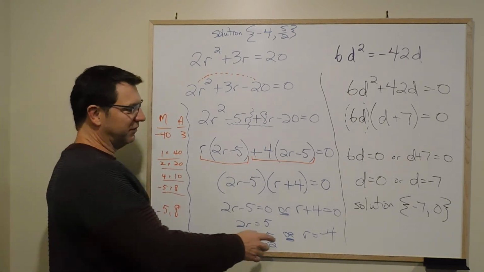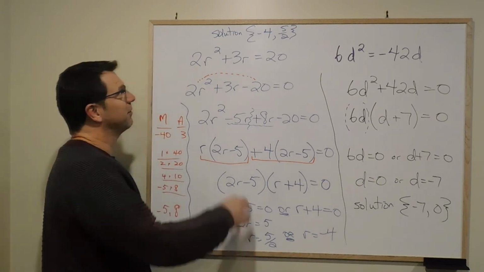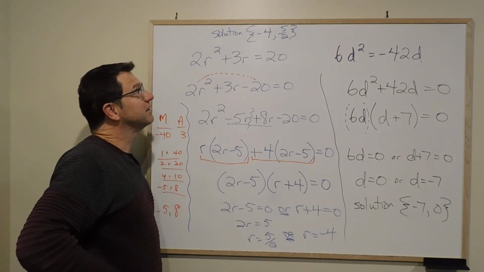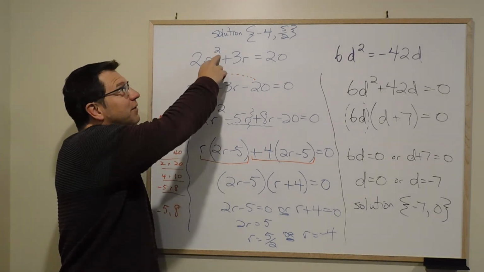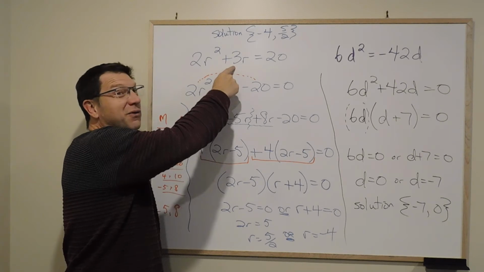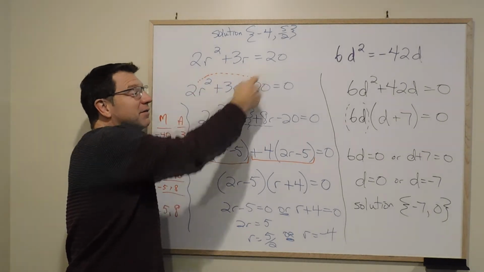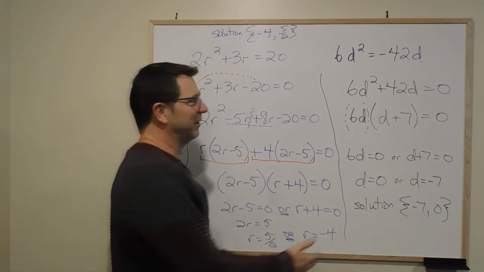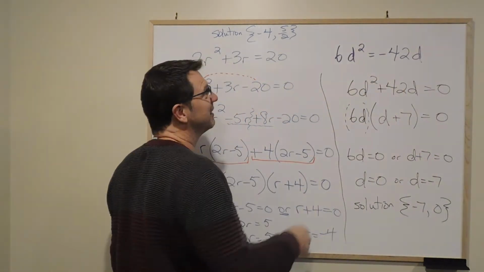And what you can do, if you don't know whether it's true, is take negative 4, for example, sub negative 4 in here, and see what you end up with. Negative 4 squared is 16. 16 times 2 is 32. 3 times negative 4 is minus 12. 32 minus 12 is 20. So it does work, right? Don't pick 0 because it's easy, pick negative 7.